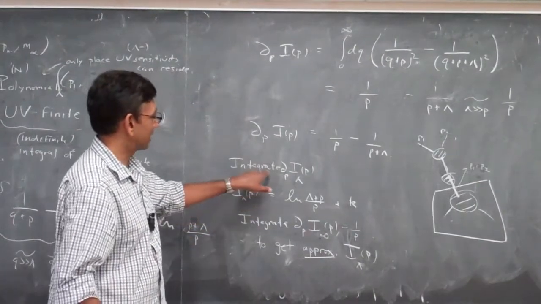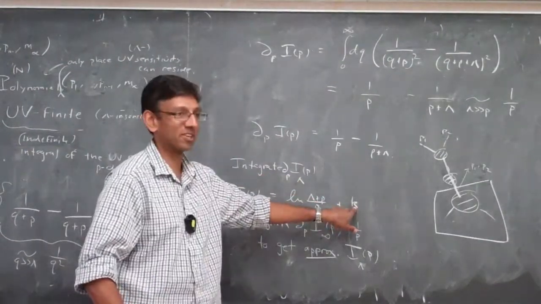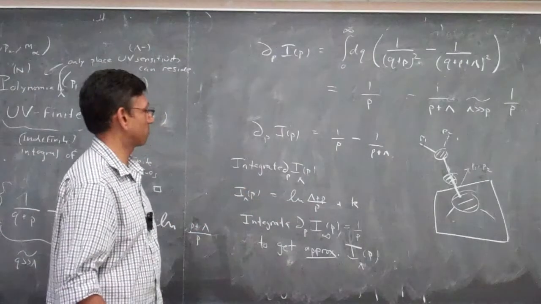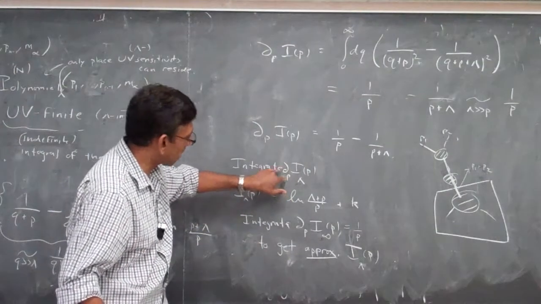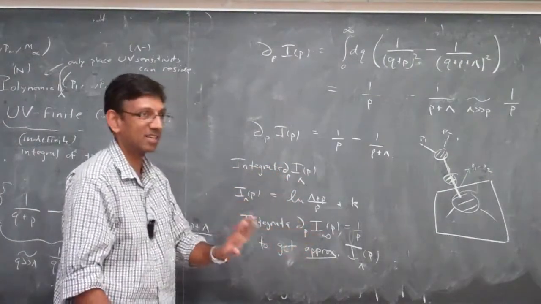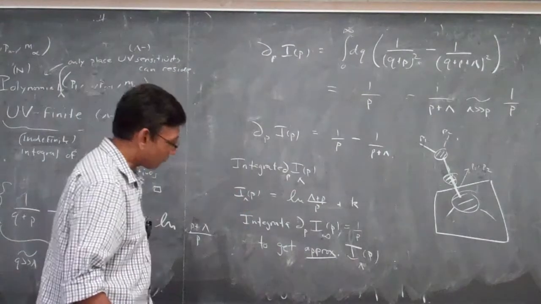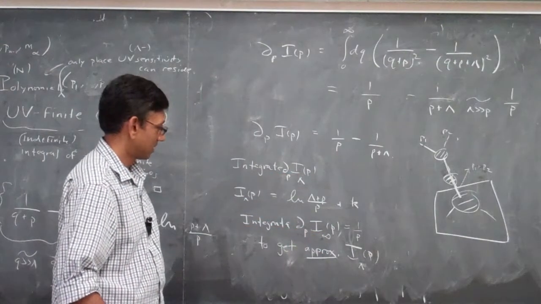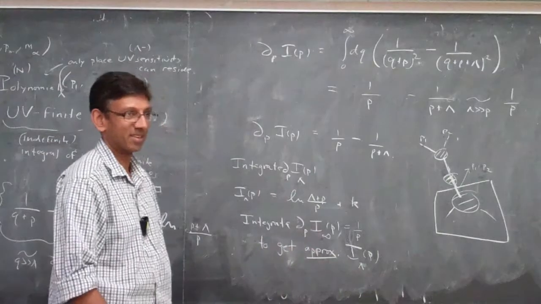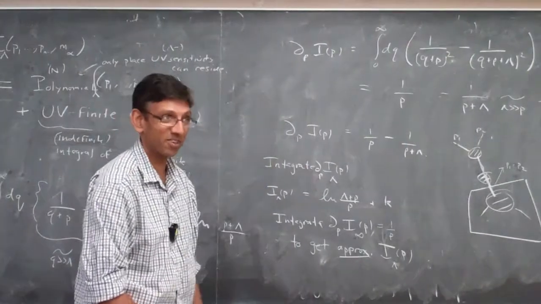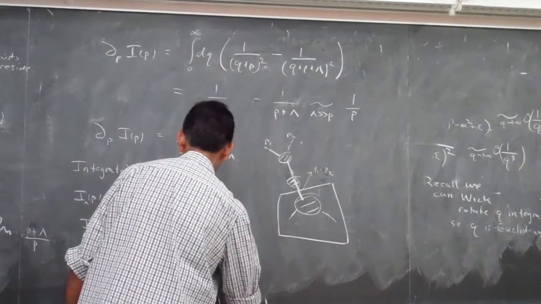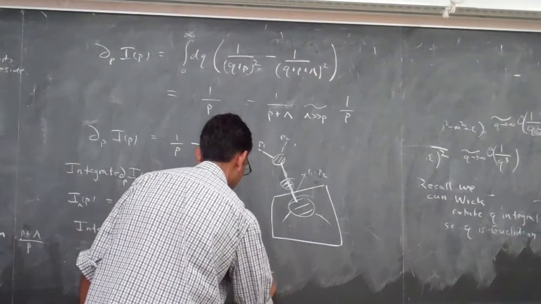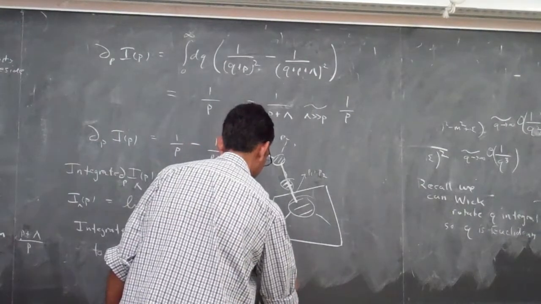I know for sure that the integral of this, with some choice of integration constant, is I of λ of p. I know for sure that's true. I also know for sure that whether under the derivative sign I put λ or infinity, it's a good approximation. So therefore, I know that the integral of this good approximation of this is this, up to an integration constant. So what it gives me is log of 1 over p plus k.